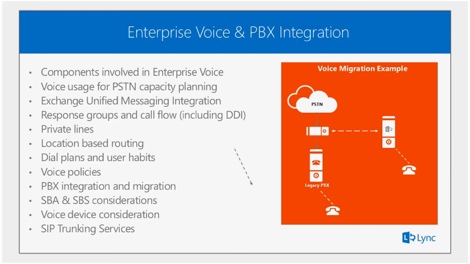SBA and SBS considerations. Going back to the multiple site scenario, perhaps you've got a main site and you've got 100 users in that site, and you deploy Lync there, and you deploy Lync for voice, and everything's brilliant, you use Lync for everything. And you've got a branch office for your company, but it's only got 5 users in it.